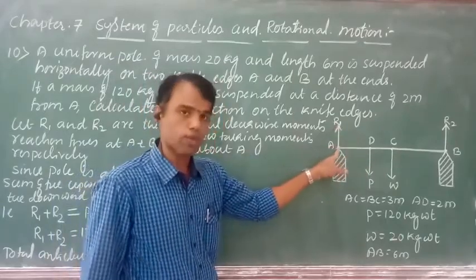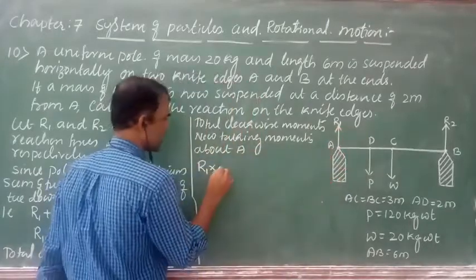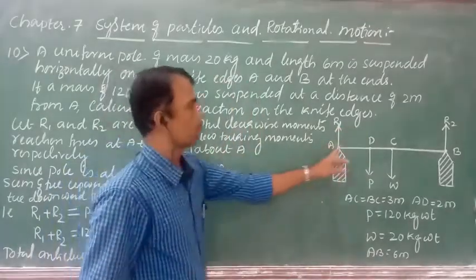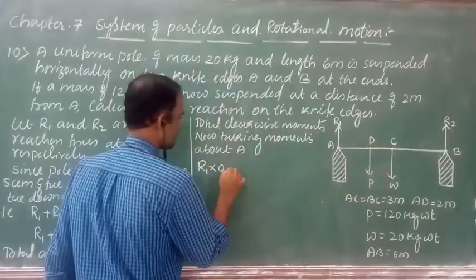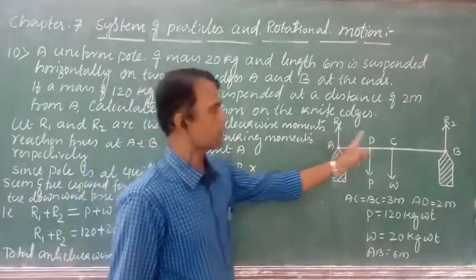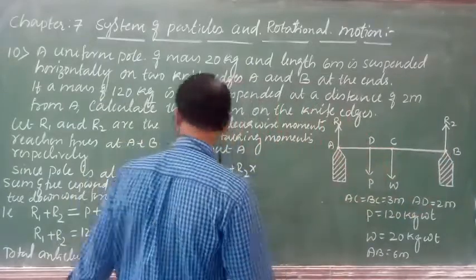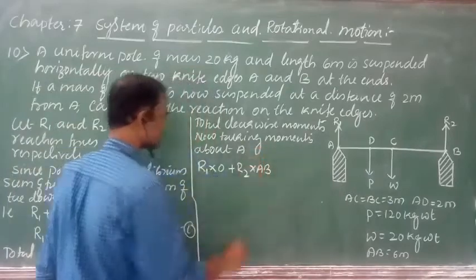Since I am taking moments at the point A, perpendicular distance is 0. So R1 into 0, then plus R2 into the perpendicular distance from these two points, that is R2 into AB.